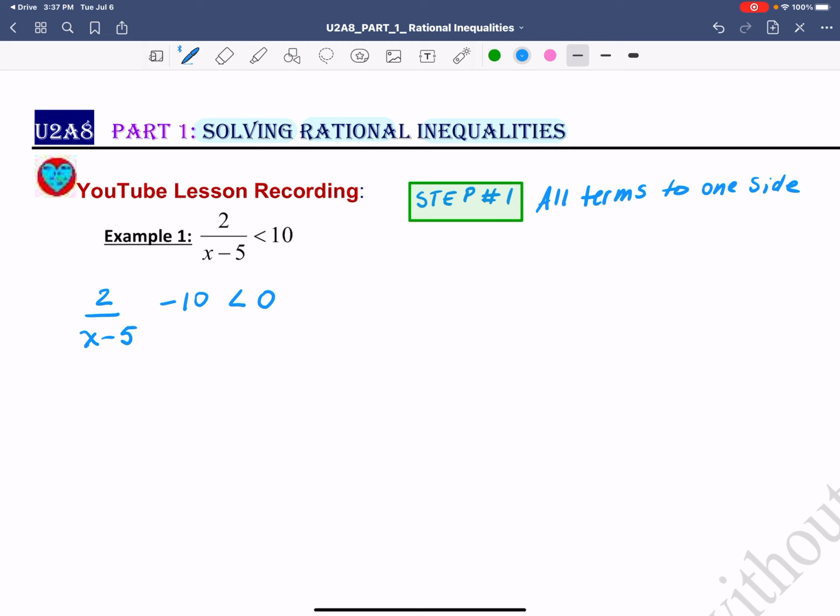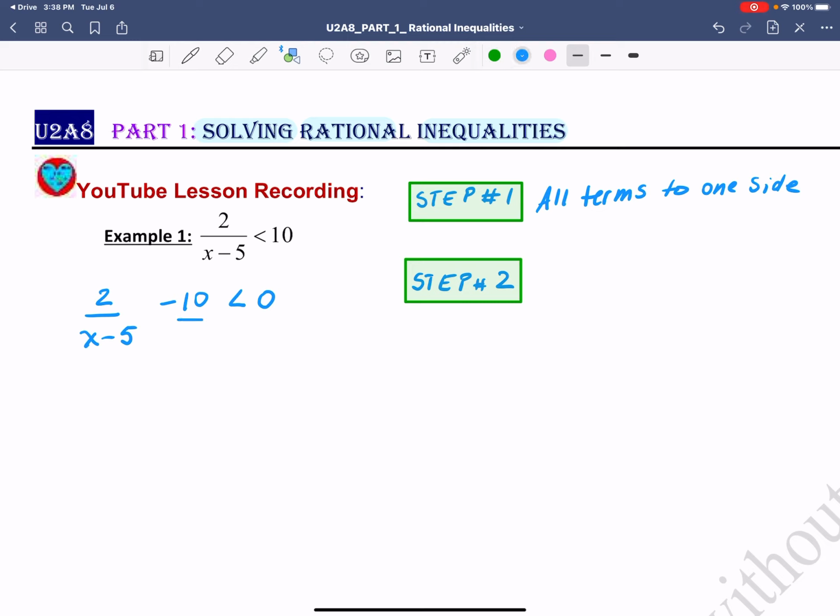In the next step, step 2. If you remember from polynomial inequalities, we had to simplify. And we are doing something similar here, but the process of simplifying when rational expressions are involved is slightly different. We want to combine both rational expressions. Notice that here you have a rational expression minus a number.